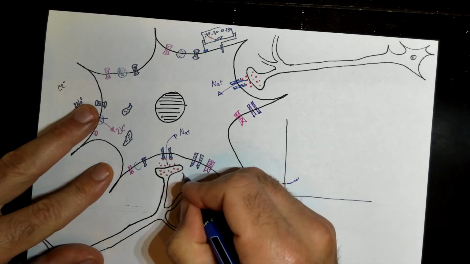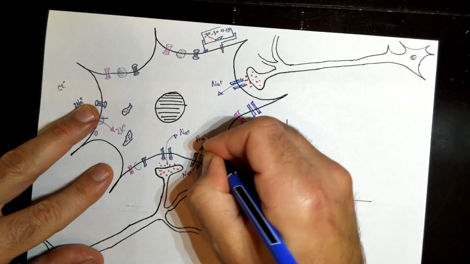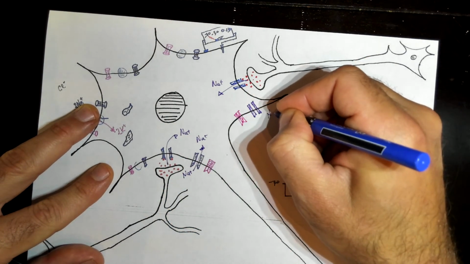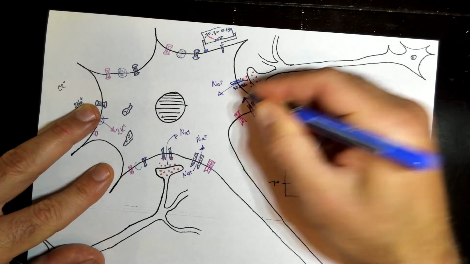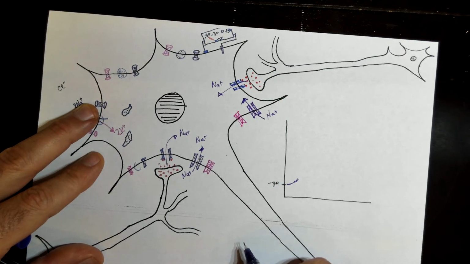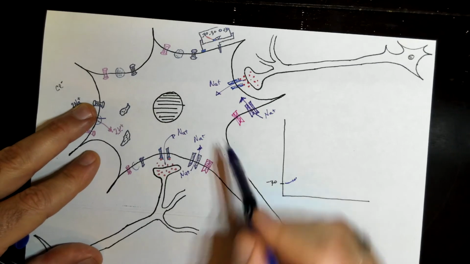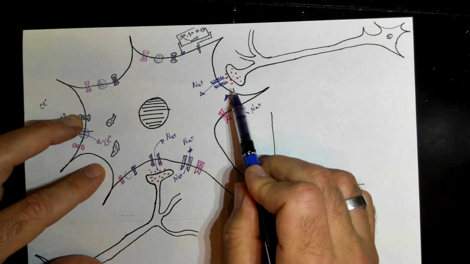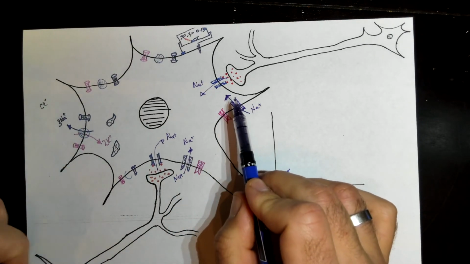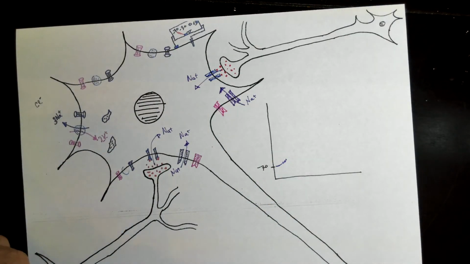So you would have sodium that would rush into this sodium voltage-gated channel, but also sodium that would rush into this sodium voltage-gated channel. And you can see how this is a more powerful event, right? So before we had a graded potential only in one location, and now we can see that if we do this in several spots, we would get a more powerful event.